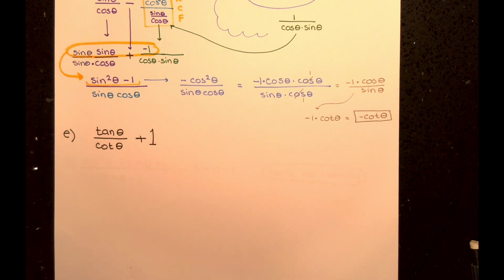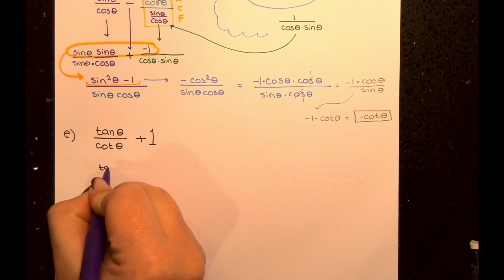However, for this example, I actually recommend doing common denominators first before you throw in fractions. I know tangent is going to be sine over cosine. I know cotangent is the reciprocal of that, which is cosine over sine. But that means I have a fraction over a fraction, which means keep, change, flip, and hopefully I lost you because I lost myself, right? So let's do common denominators before we do anything with fractions.